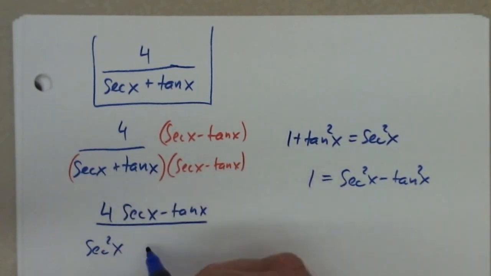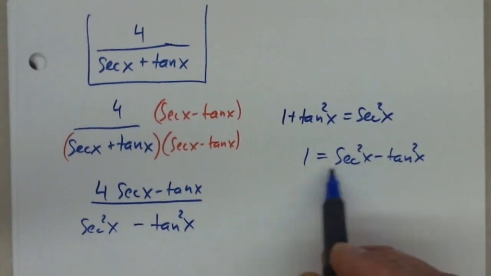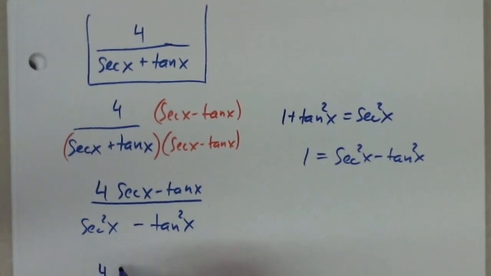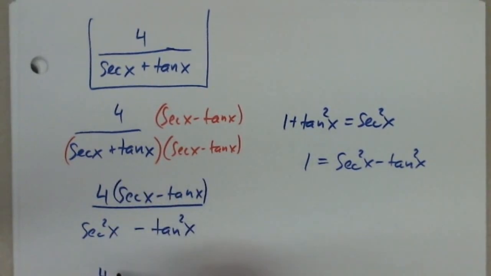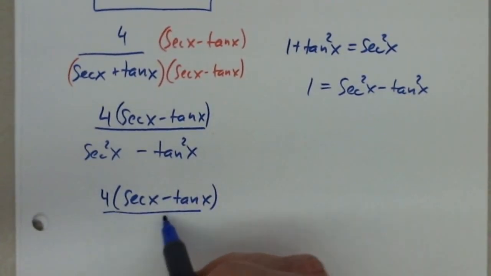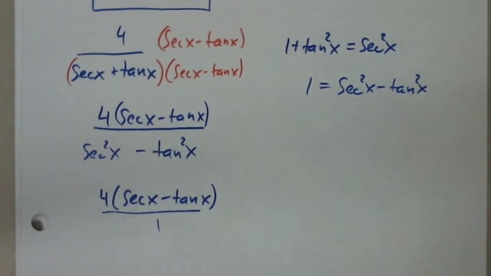And then we have minus tan squared. Secant squared minus tan squared is 1. Don't forget the parentheses. So we have 4 secant minus tangent, and that equals 1. So we just have it over 1. And that's it for today.